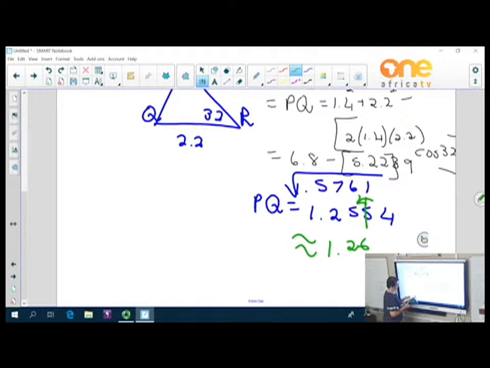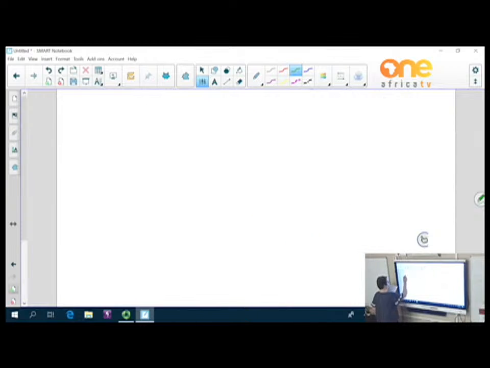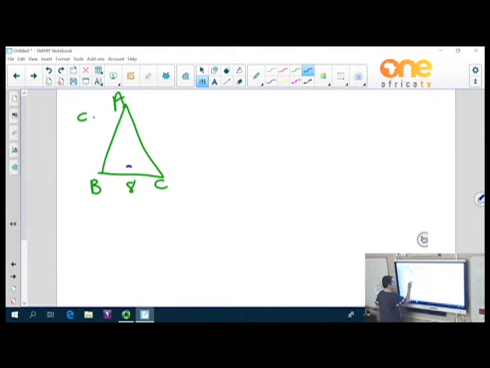Right, so the next one. Number C. So it is triangle ABC this time. A is 8. Let's just first label them again. This is A, this is B, this is C. So A is 8, C is 6.